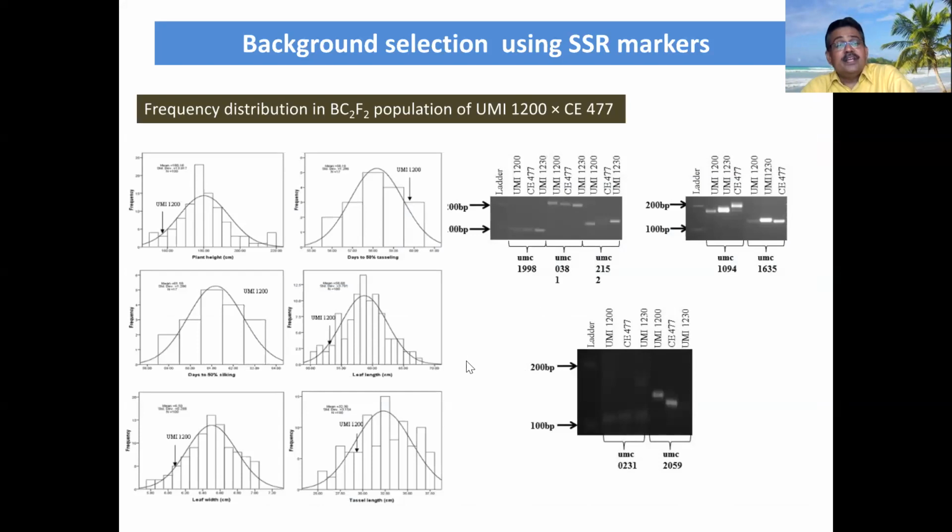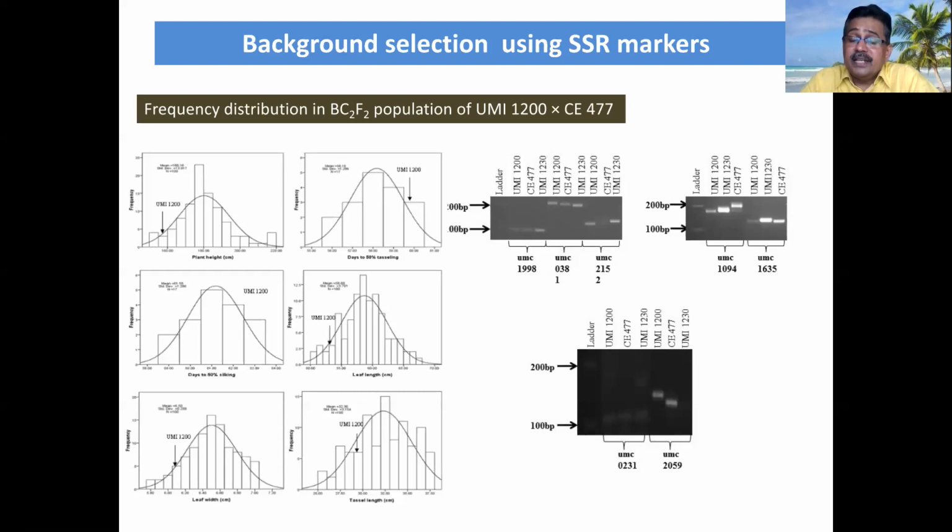In every backcross generation, you also have to look at the phenotypes. In every plant type, you have to check whether the recurrent parent genome is getting integrated or not. If your recurrent parent is not incorporated, then the plant type will be different. So every time you have to look for the plant type which looks like the recurrent parent, that means the COS6 parents like Eomyte 1200 and Eomyte 1230.